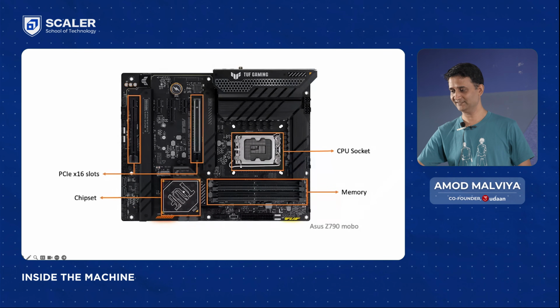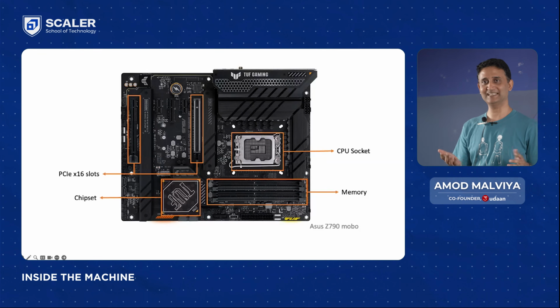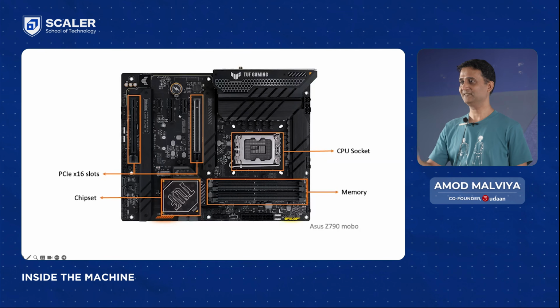Chipset, okay? What else? BIOS chip, yeah, somewhere in there it's going to be there, but difficult to figure out from this. Somewhere it's going to be there, which technically is no more BIOS. It's like UEFI, but yeah.